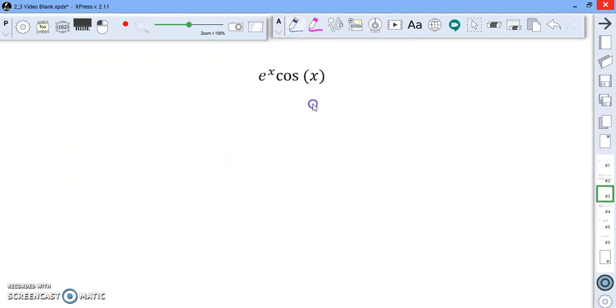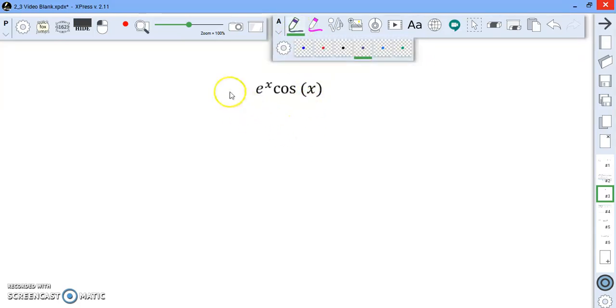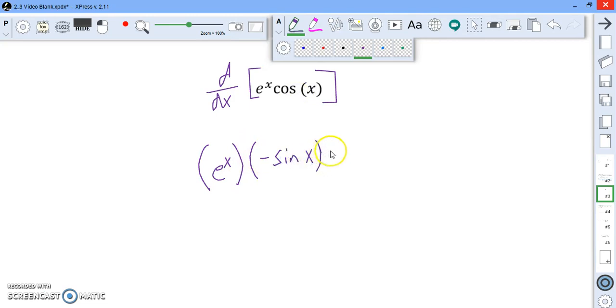We'll try that again. E to the x cosine of x. To do the derivative of this, I look at my two functions, and the derivative comes out to the first thing times the derivative of the second thing, derivative of cosine is negative sine, plus the second thing times derivative of the first.